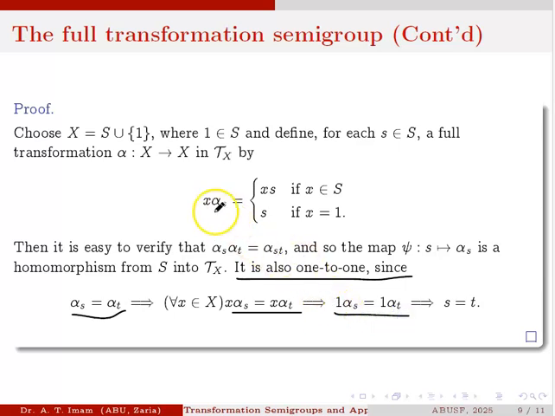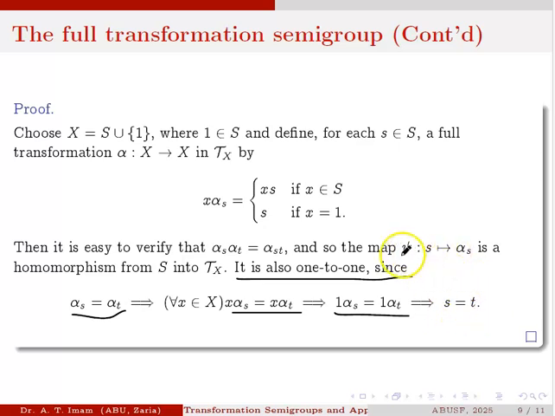But then by the very definition of our alpha_s, when x is 1, it is just equal to s. So 1 alpha_s is equal to s, and 1 alpha_t would be equal to t. So if images are the same, the pre-images are also the same.